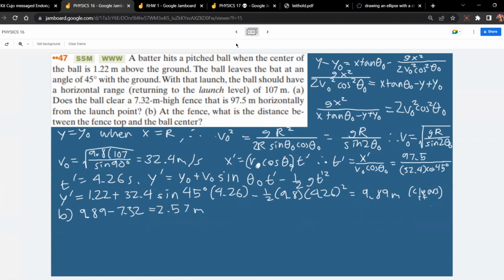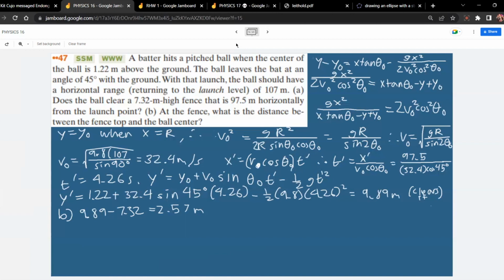Tapos paano mo sinolve? So, y is equal to y naught plus x tangent theta minus gx square over 2v naught square cosine squared theta.